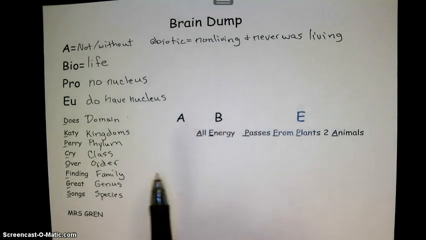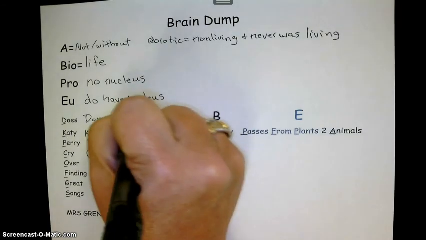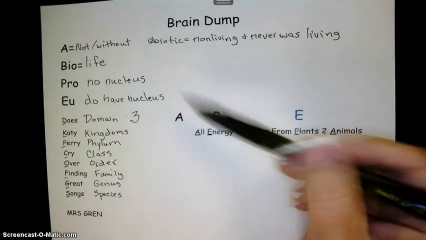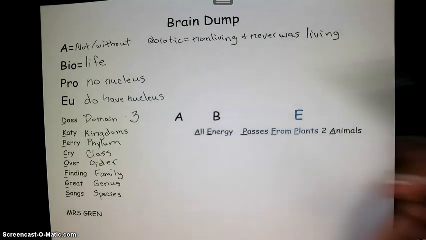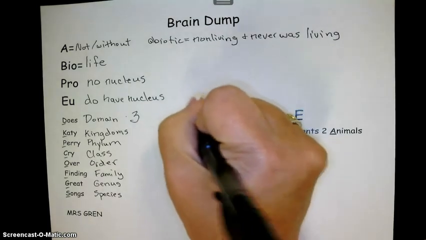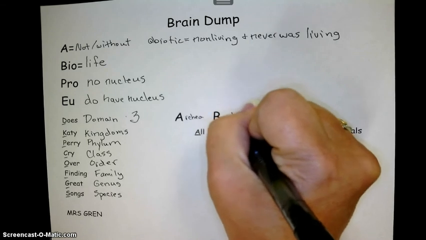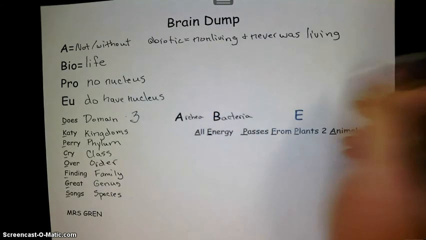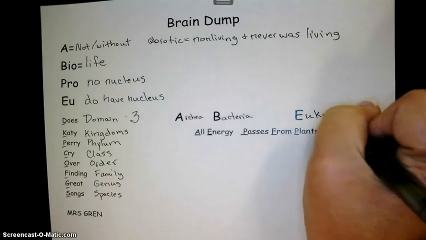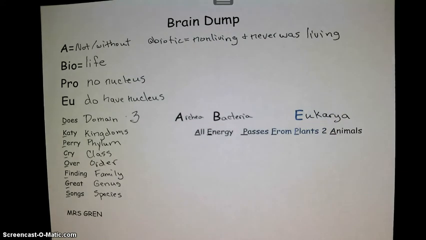Now, I realized when I was trying to type this up, how could I help us remember the three domains? And it spells out ABE, A-B-E. So the three domains are archaea and bacteria and eukarya. Those are our three domains.